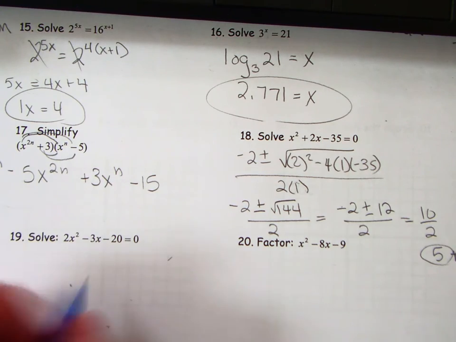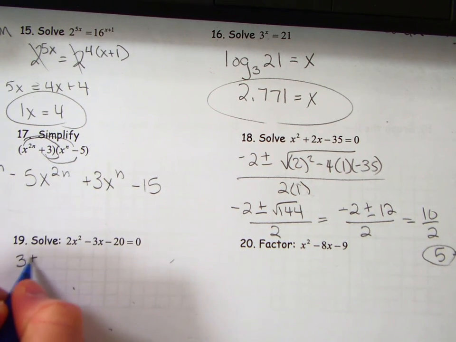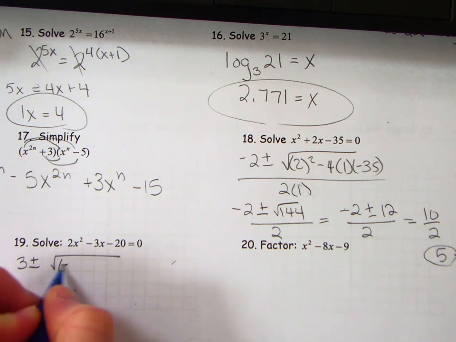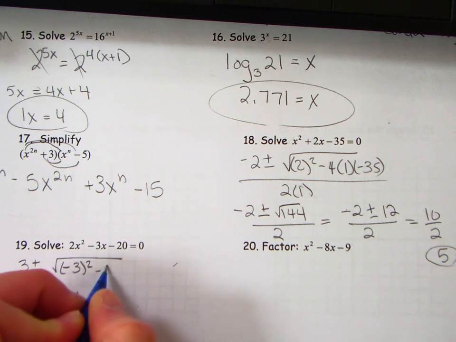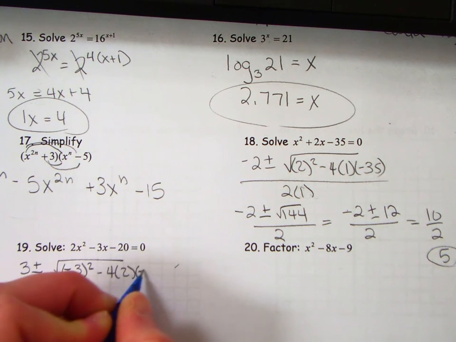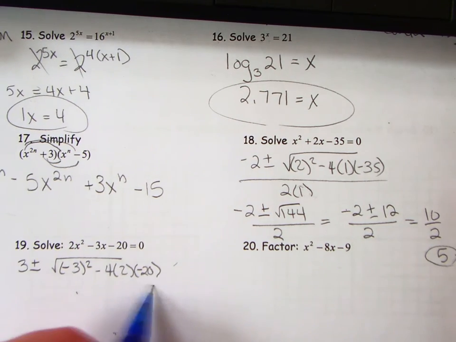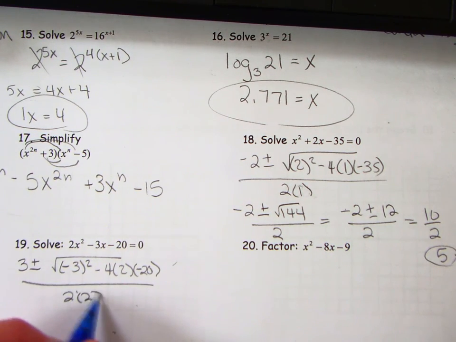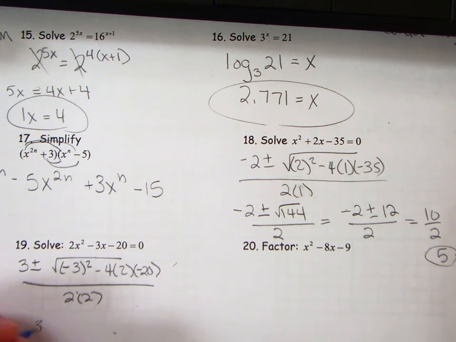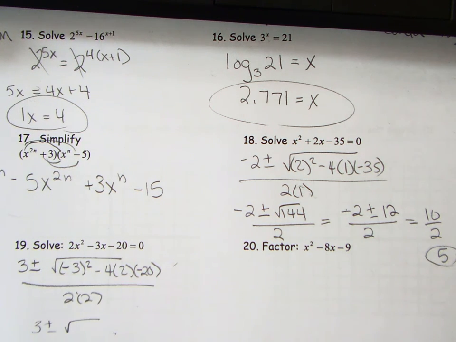All right, we got another quadratic formula coming our way. Please remember how important it is to use those parentheses around that negative 3 inside of there. I think we get another perfect square of 169.